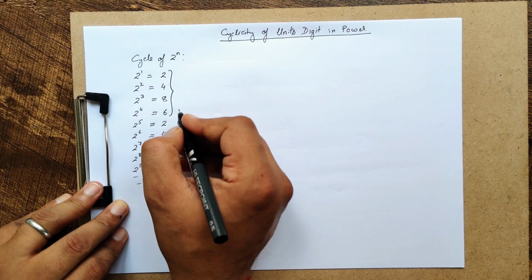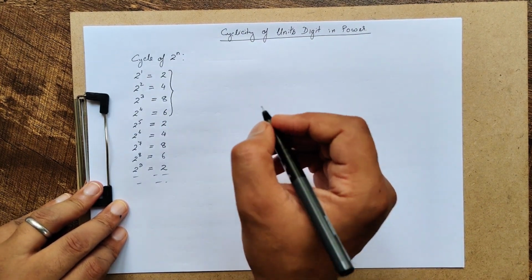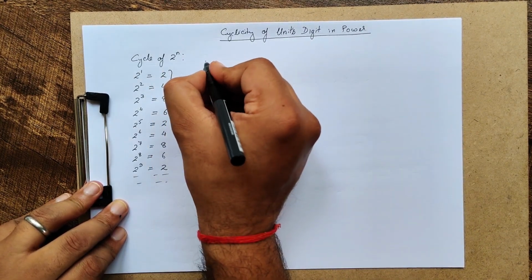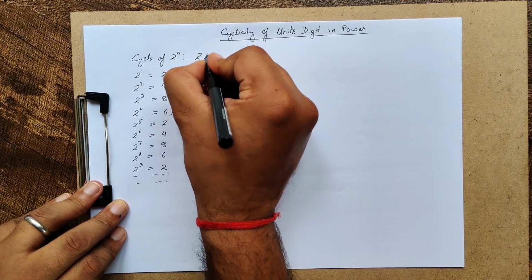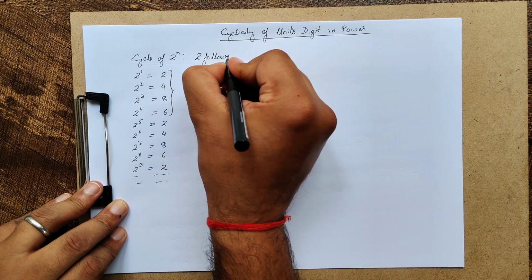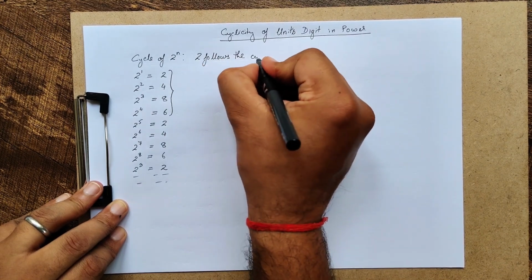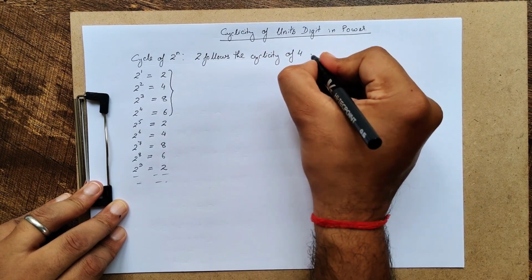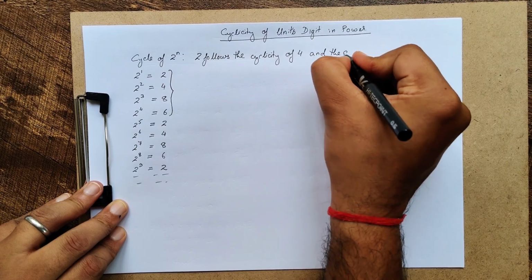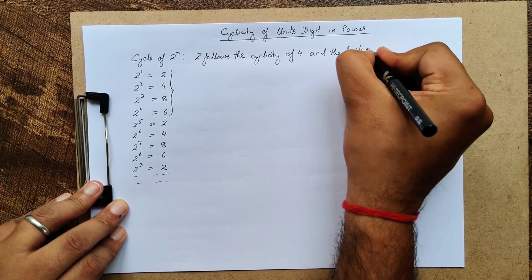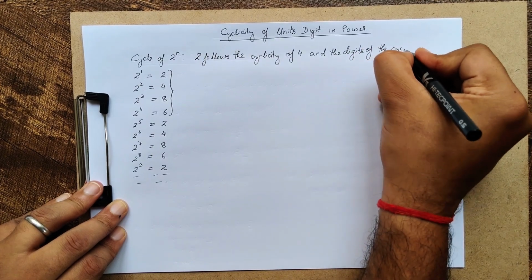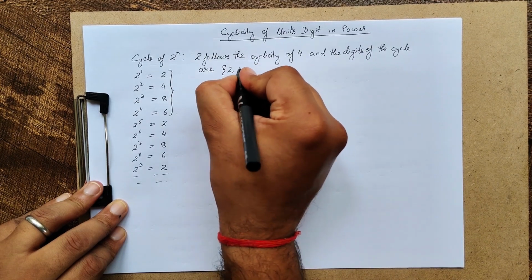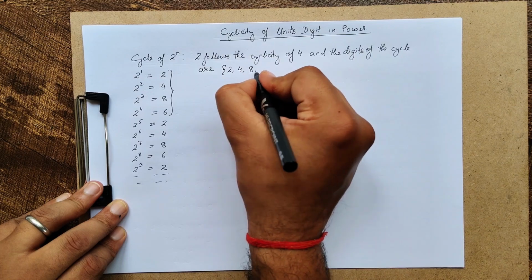So we know that 2 follows a cyclicity of 4, and the digits of the cycle are 2, 4, 8 and 6.